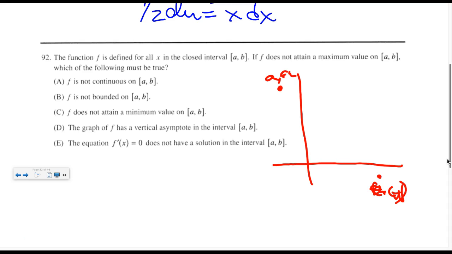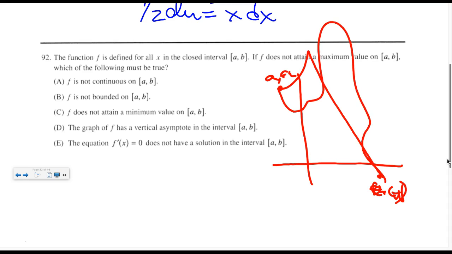Well, that seems kind of weird. Don't you have to reach a maximum? And the answer is, yes, you do, as long as the function's continuous. But if I put an open dot right there and I ask you what's the max, you can't tell me because you can't get there.